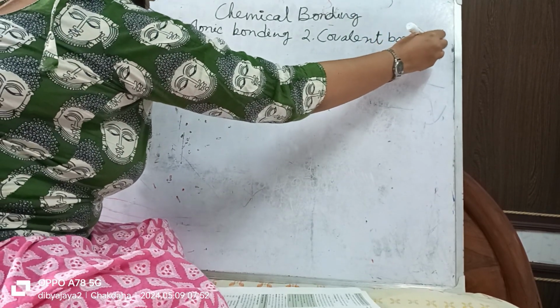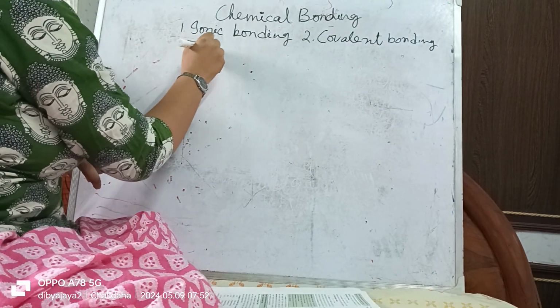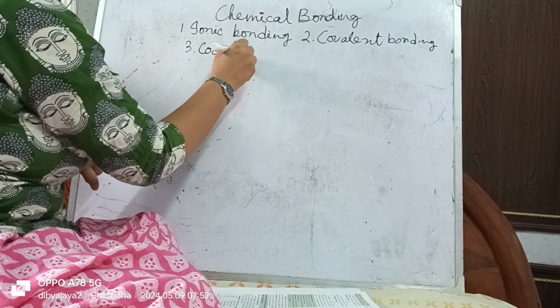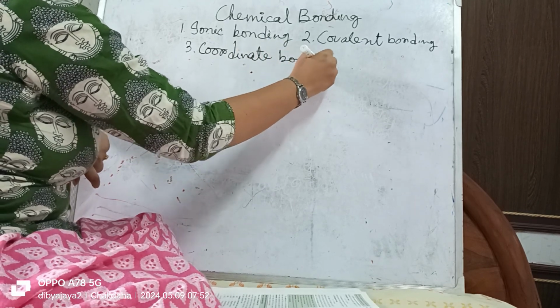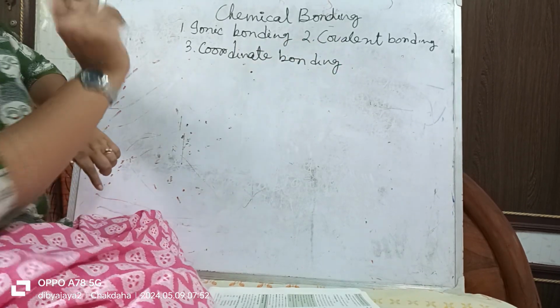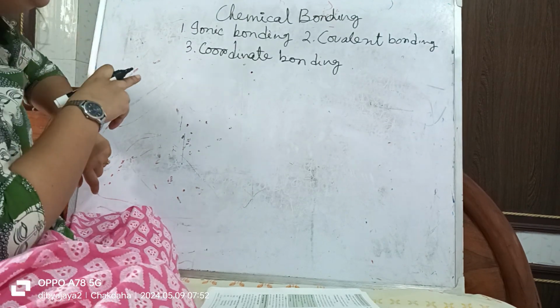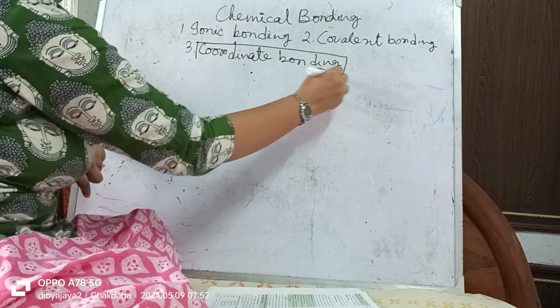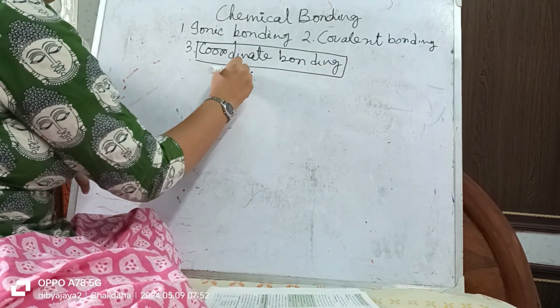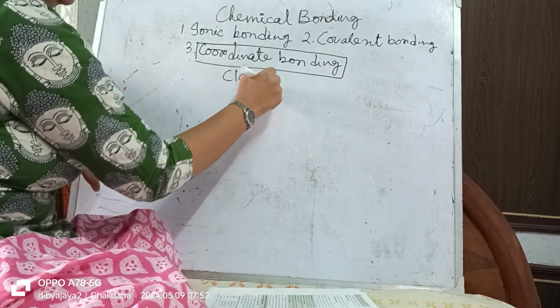And another, third type, is coordinate bonding. But here we discuss only these two, ionic bonding and covalent bonding. This coordinate bonding we will discuss in class 10.